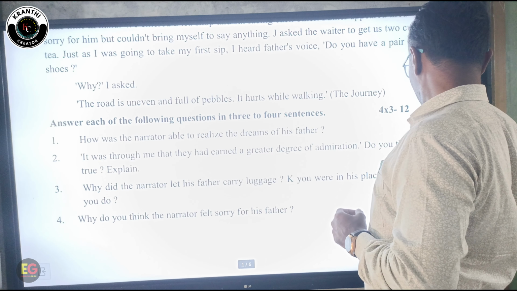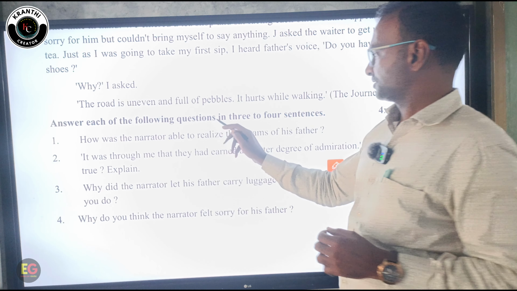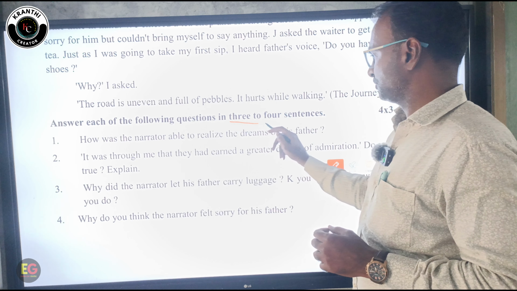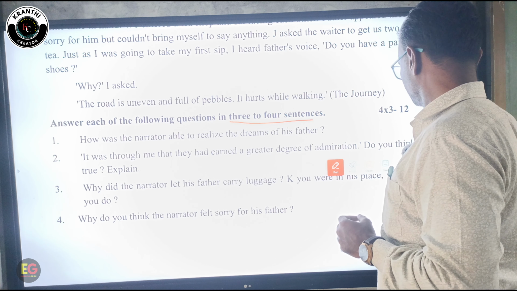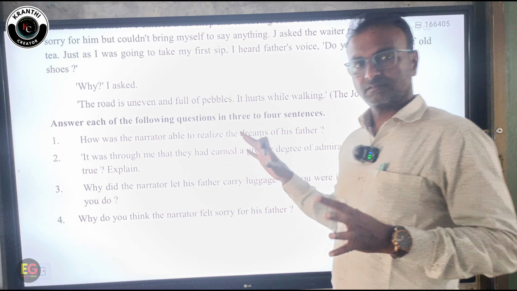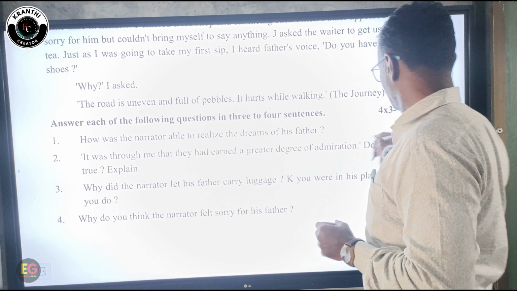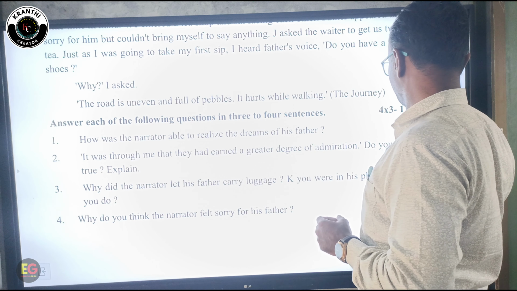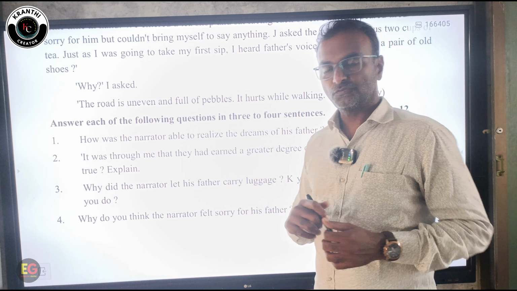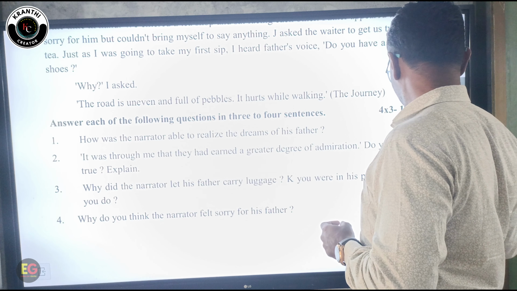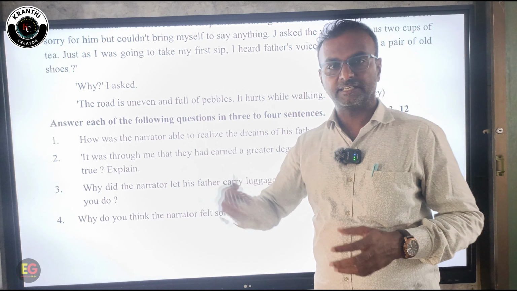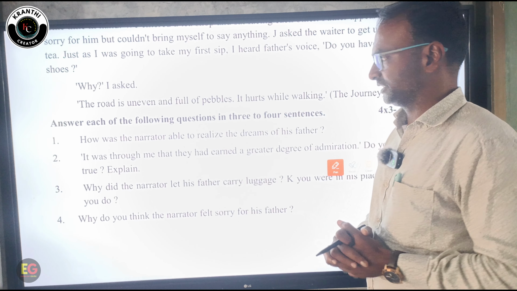Answer the 4 questions in 3 to 4 sentences each, because each question contains 3 marks. So 4 3s are 12. You have to be careful while writing the answers, at least 3 to 4 sentences.